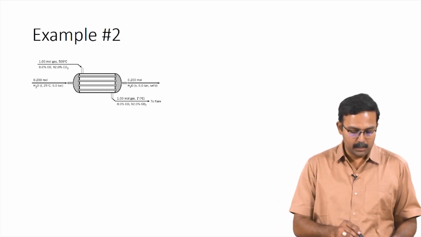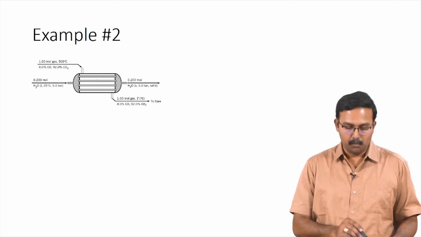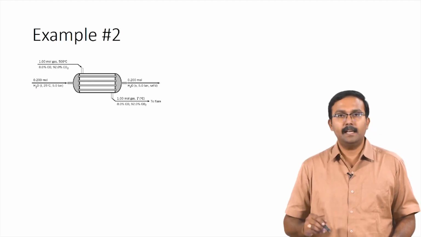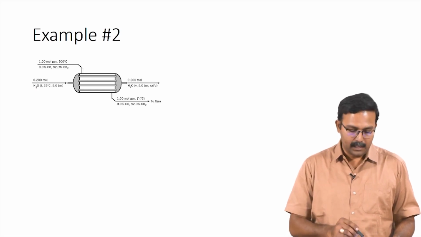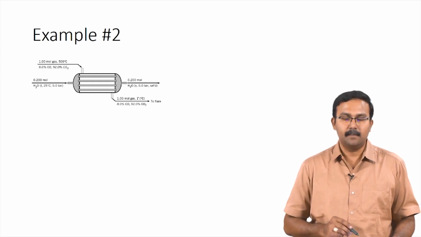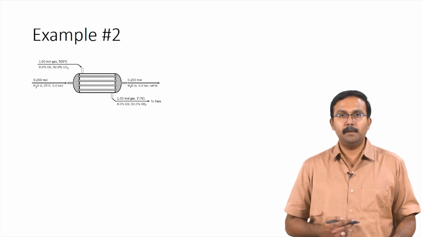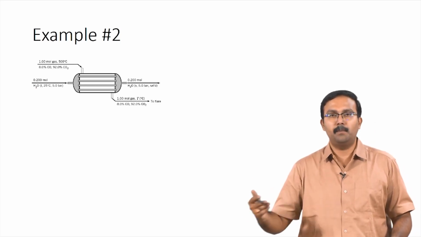What you see here is the gas will flow only in the region which is white and water will flow only in the region which is grey. So, these small tubes will carry the water, and heat from the gas in the white region will get transferred to the water flowing in the tubes shaded grey. Because there is so much heat being transferred, water actually heats up, boils and evaporates.